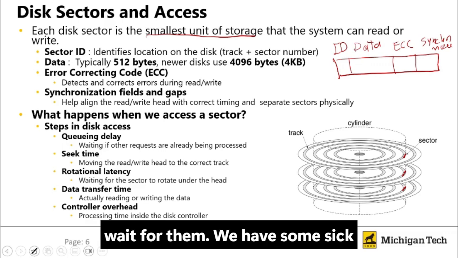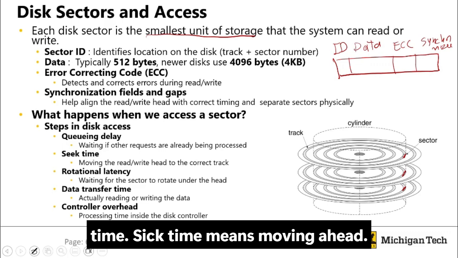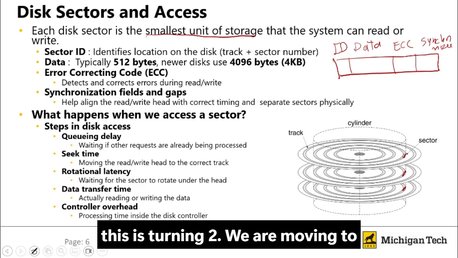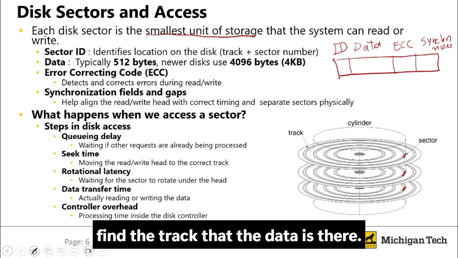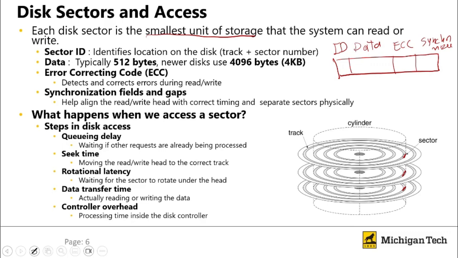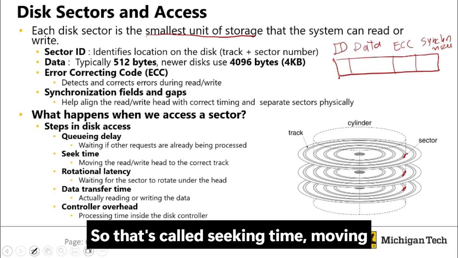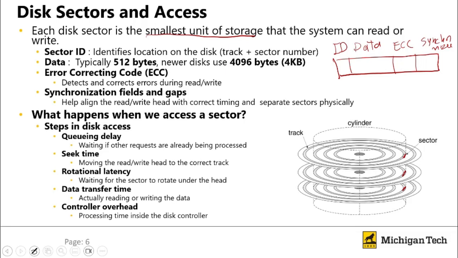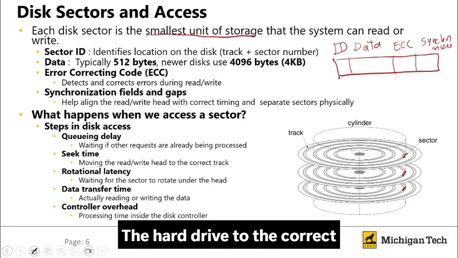We have some seek time. Seek time means moving the head. There is a head moving like here, and this is turning too. We are moving to find the track where the data is. That's called seek time, moving the read and write head of the hard drive to the correct track.